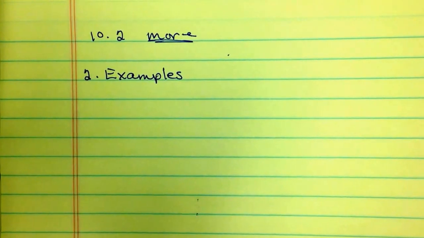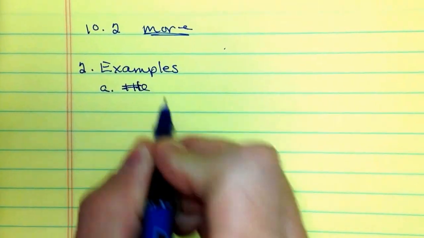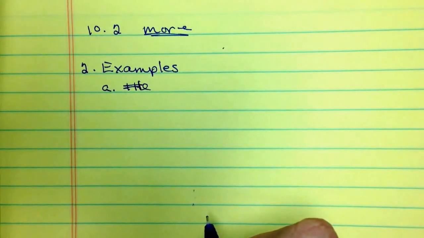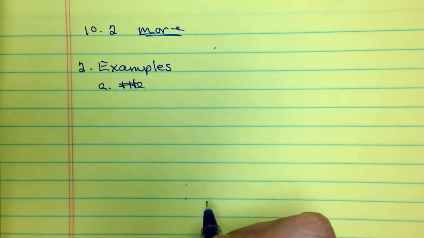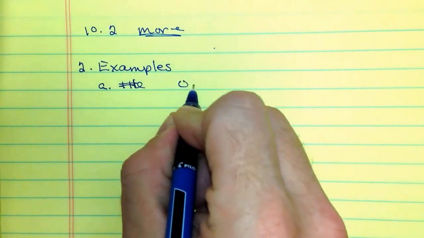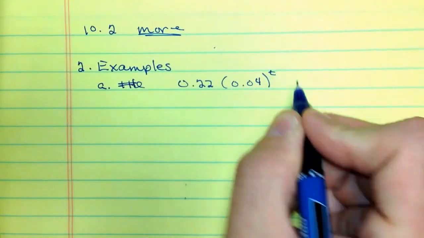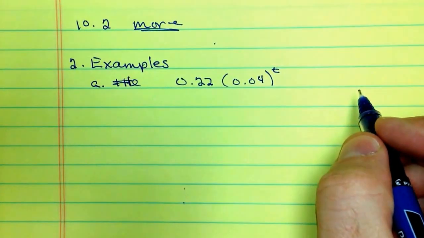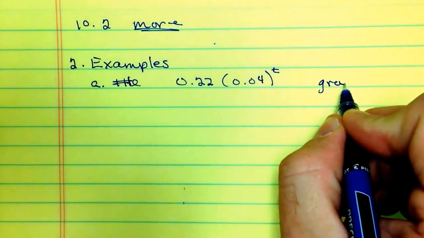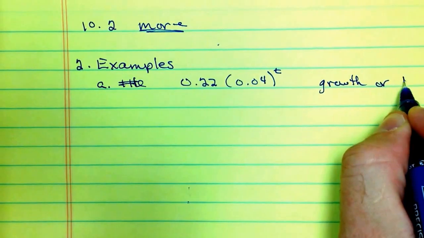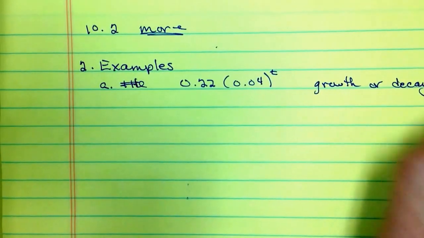So let's start with, let's say little a will be number 6. So let's see, what does that say? Do the exponential expressions represent growth or decay? And that's 0.22 times 0.04 to the t. Well, remember, so this is growth or decay. There's your question.